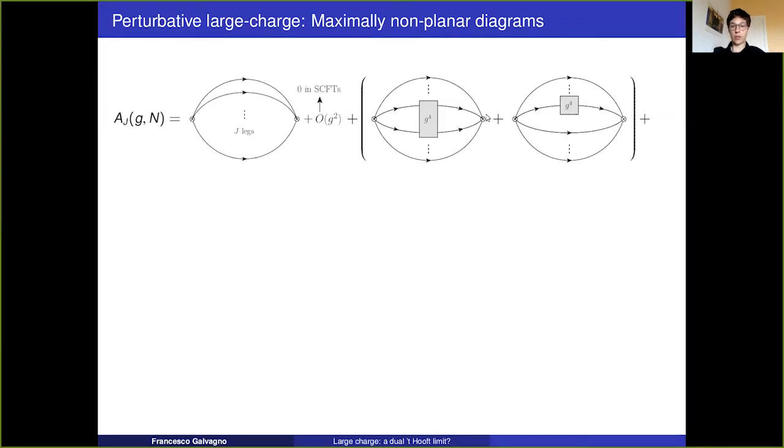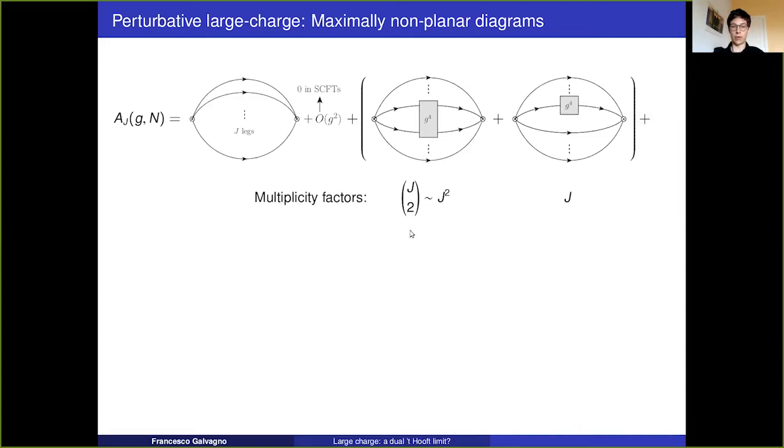Here we can distinguish these two different classes of diagrams. In particular, they are different based on their multiplicity factors. In this case, the two-loop corrections are inserted between two legs among this J.